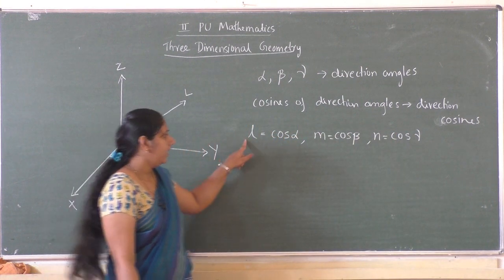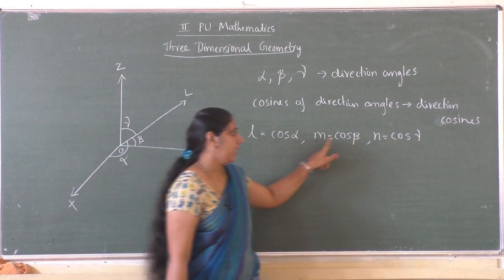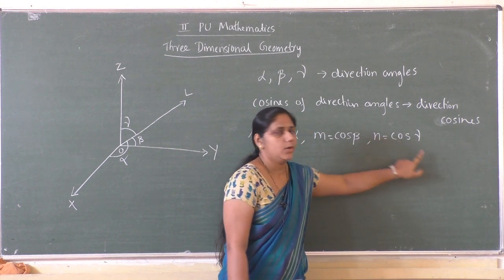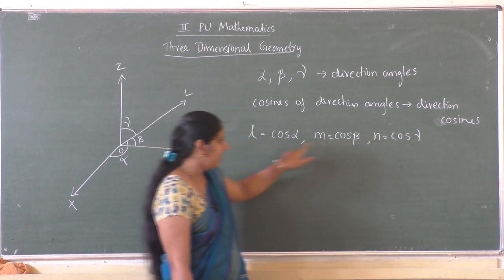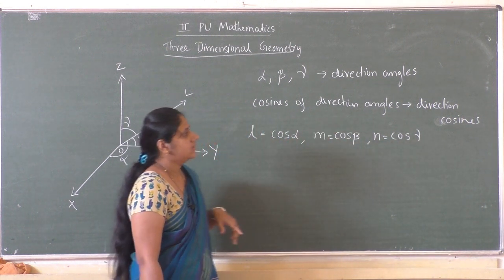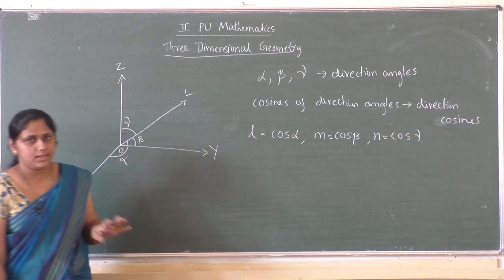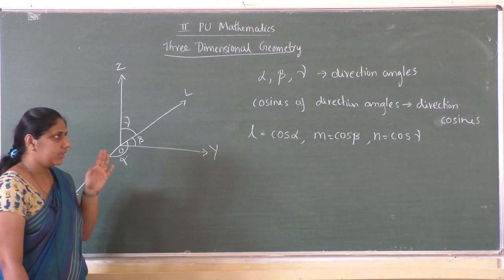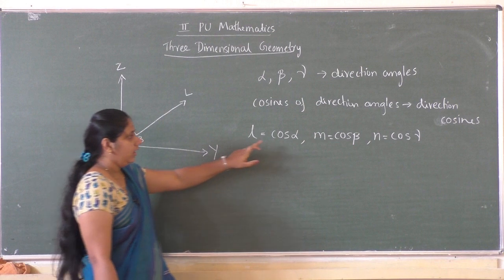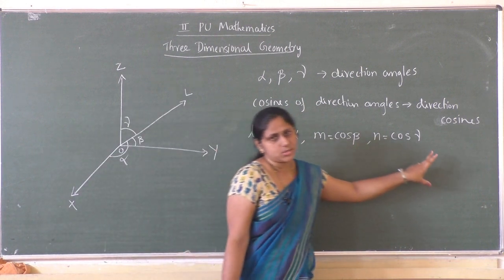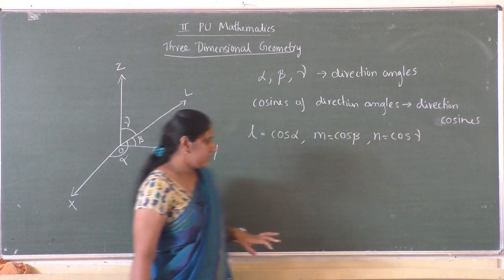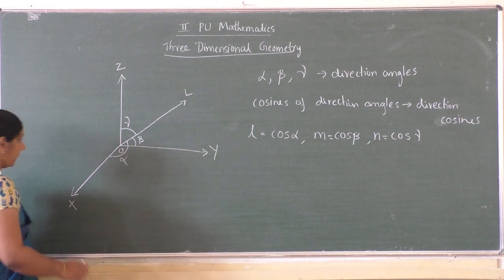That is, l equals cos alpha, m equals cos beta and n equals cos gamma. So these three values are called direction cosines. Is it clear? If alpha, beta, gamma are the direction angles, then cos alpha, cos beta and cos gamma are called direction cosines.